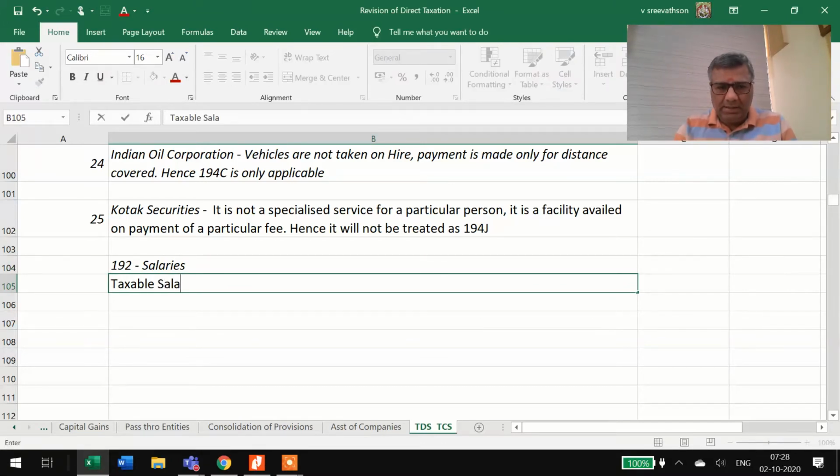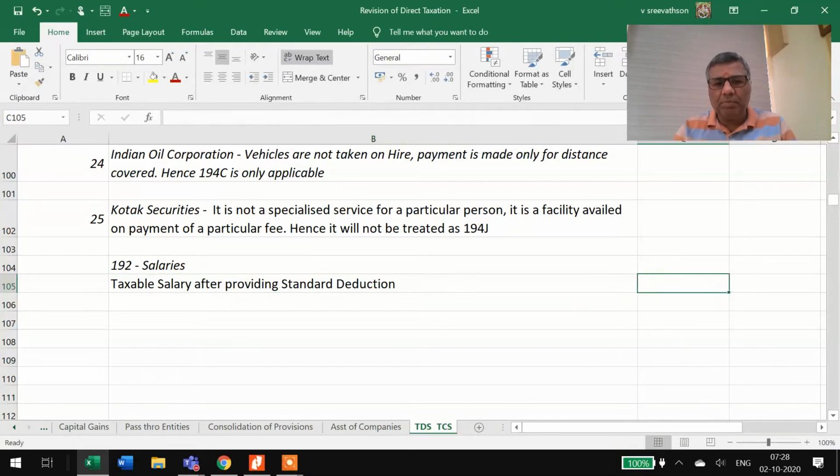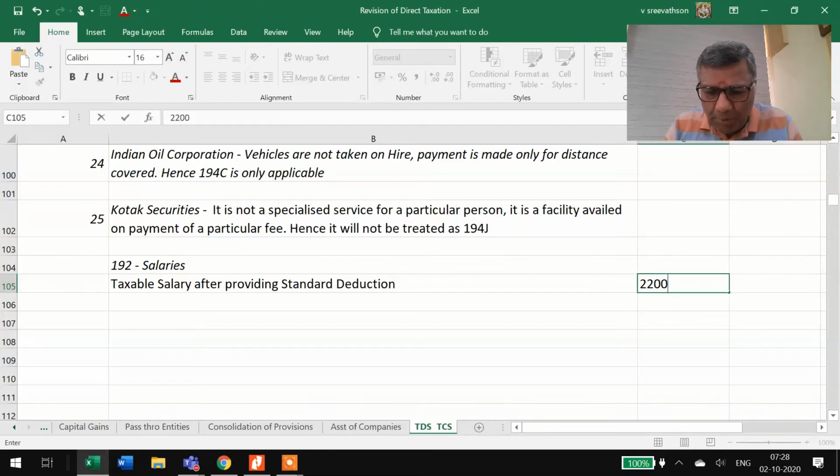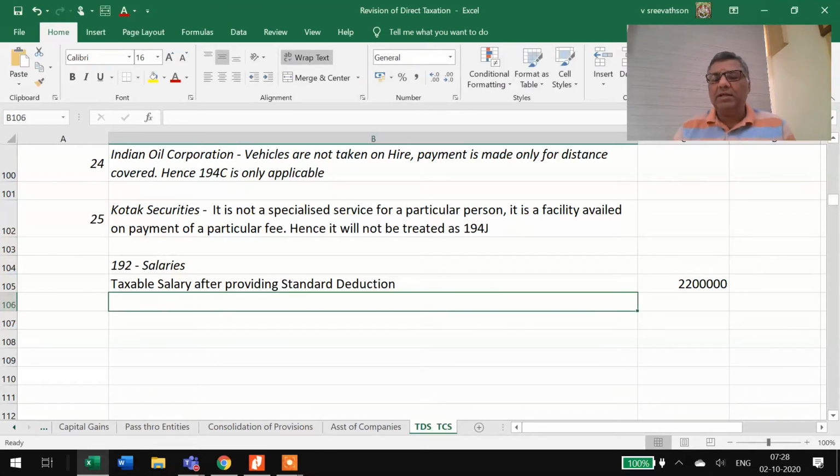Taxable salary after providing standard deduction, let us take that it comes to 22 lakhs. What is going to be the TDS?